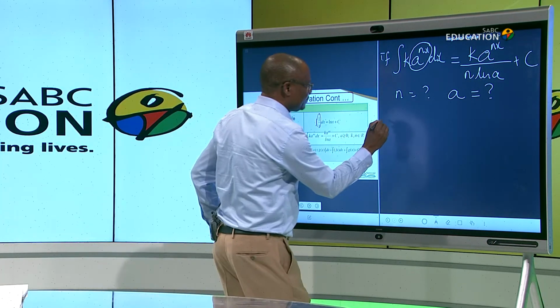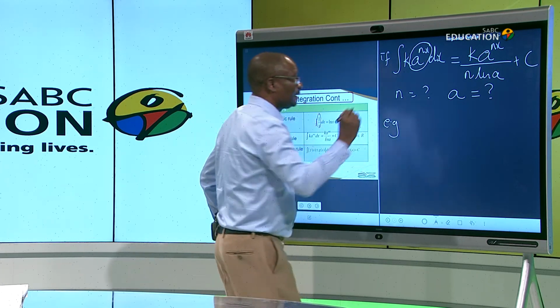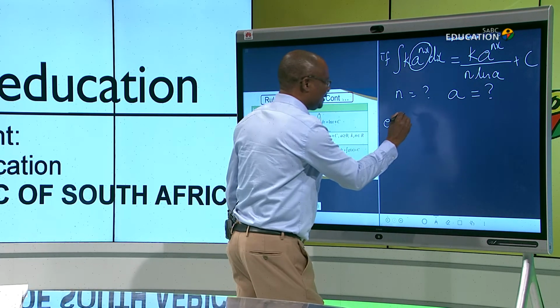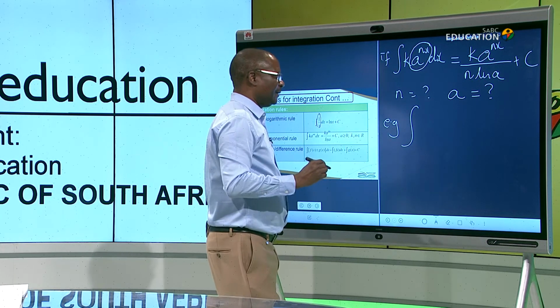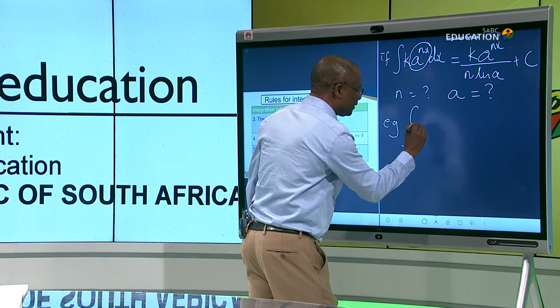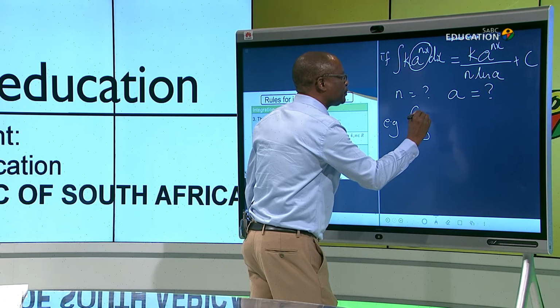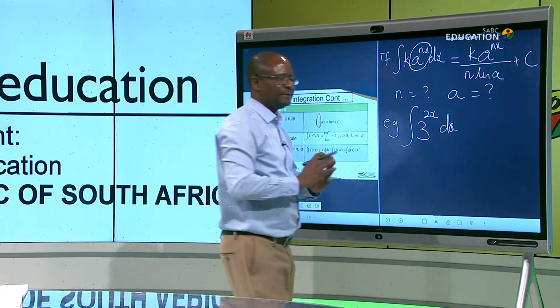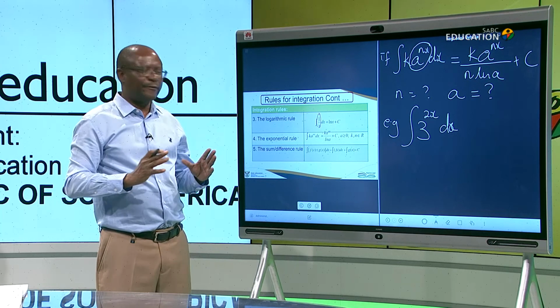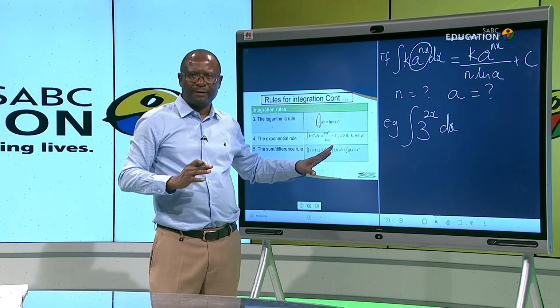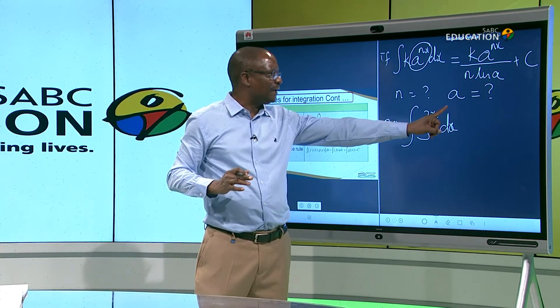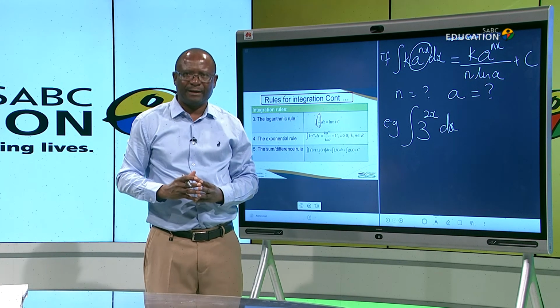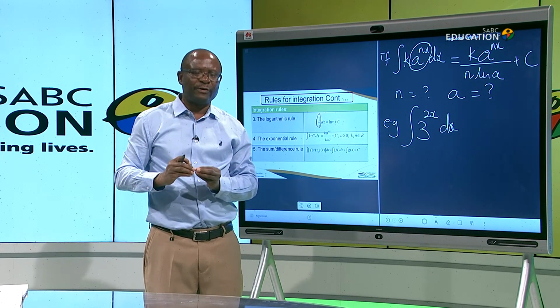For example, suppose you are given the integral of 3 to the exponent of 2x dx. Before you apply the rule, firstly identify what is your value of n and what is your value of a.